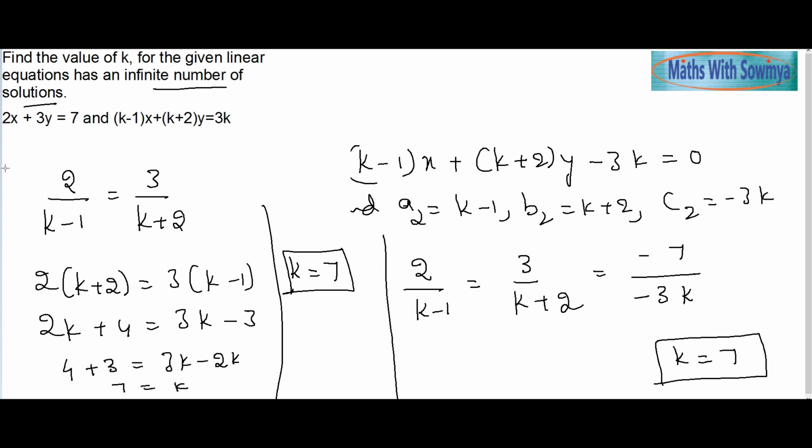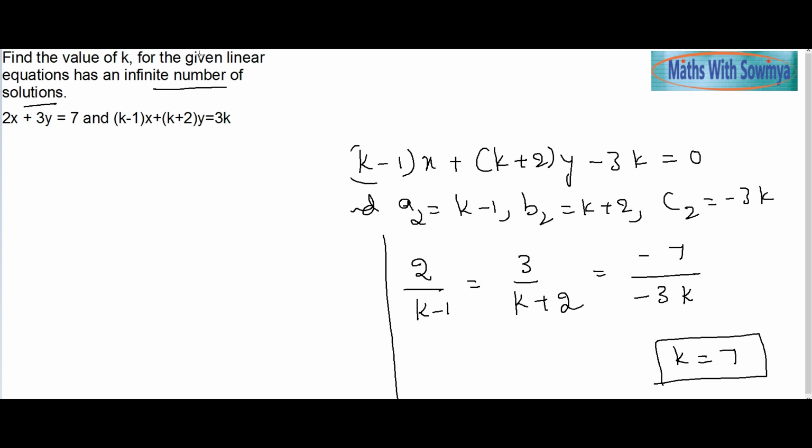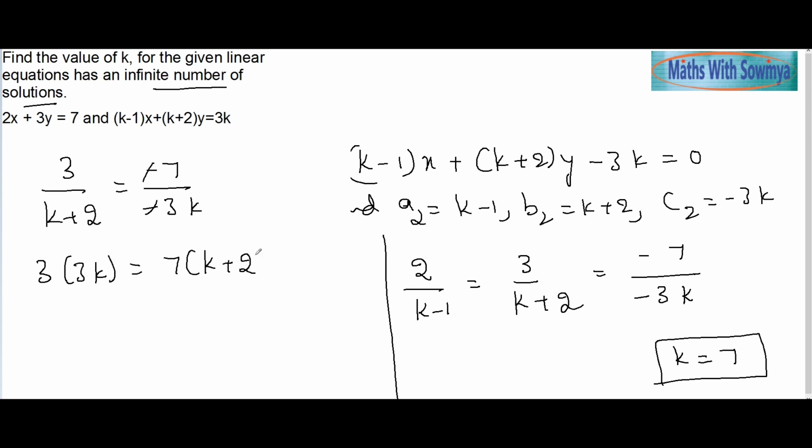Don't stop at this, because b1 by b2 is also equal to the other one. So you have to see all the cases here. So 3 by k plus 2 which is equal to minus 7 by minus 3k. Minus gets cancelled. So cross multiply. This is 3 into 3k, 7 into k plus 2.